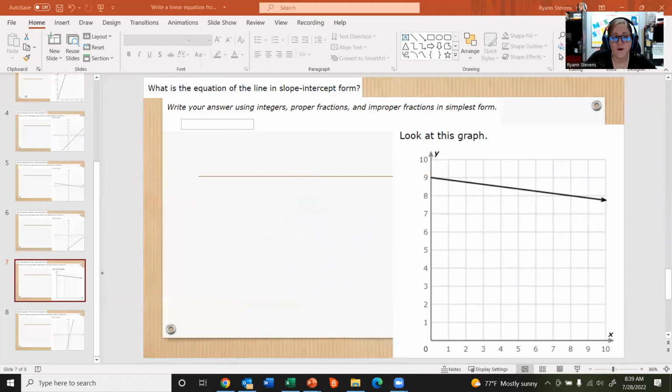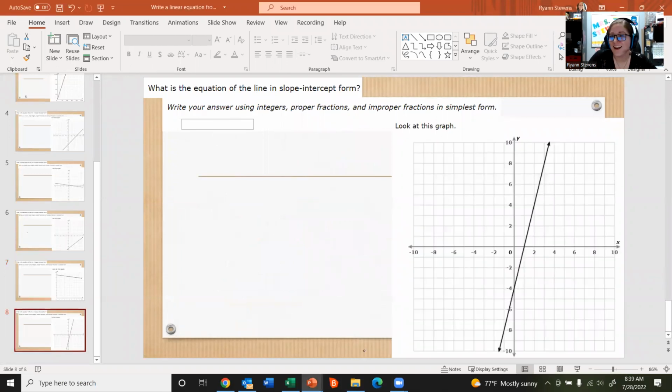Okay, let's look at one more example of this. Now we have the graph that shows all 4 quadrants again. Slope-intercept form is y equals mx plus b. And then we want to figure out what our y-intercept is.